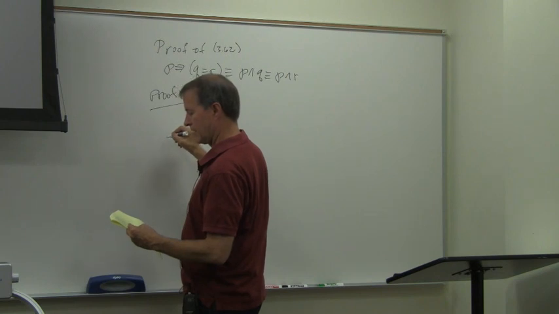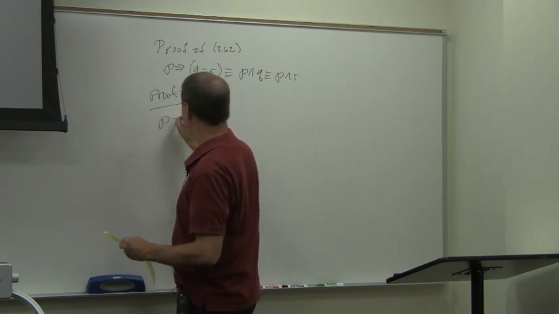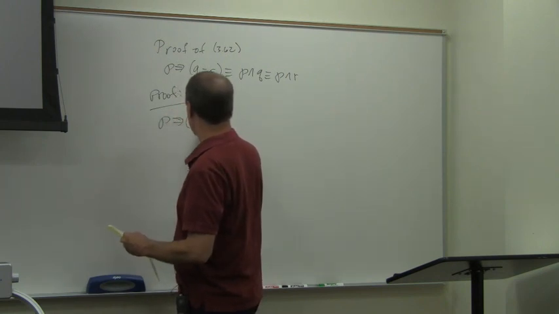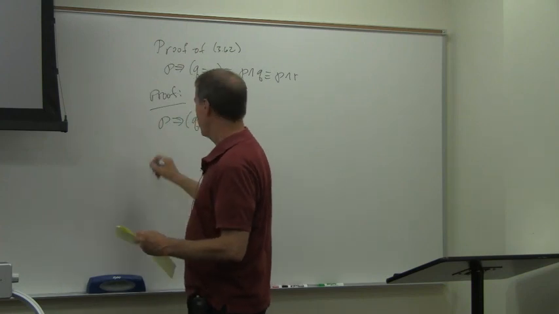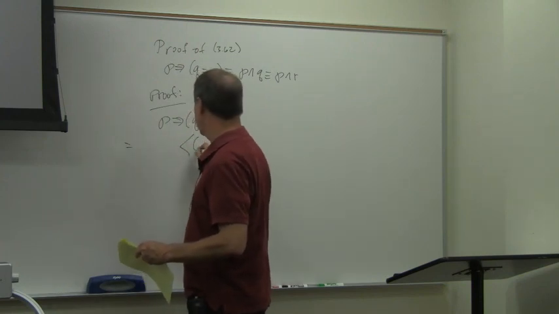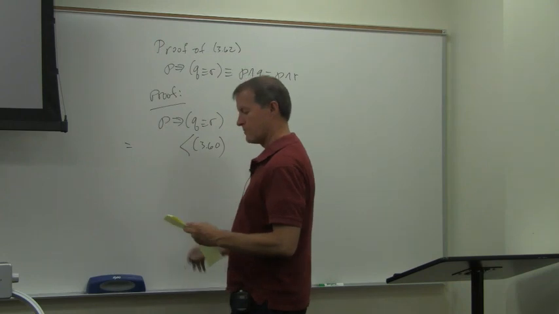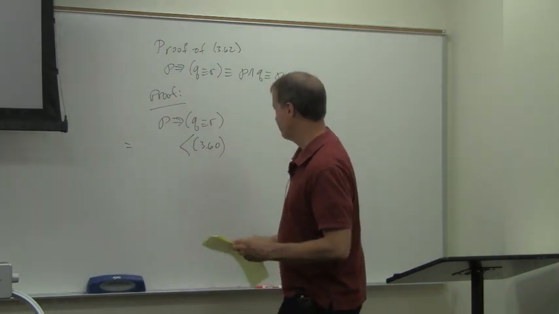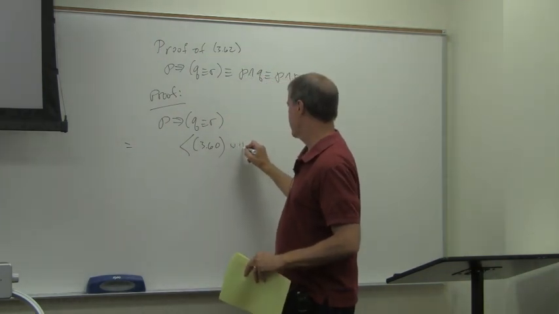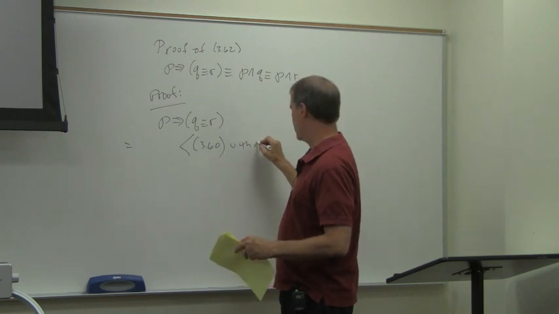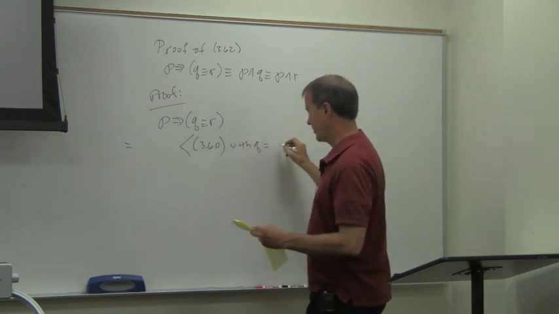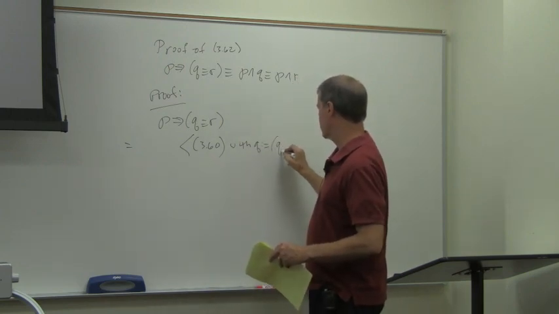One side to the other. P implies Q equivales R. Equals, by, we're going to use 3.60 with Q replaced by Q equivales R.